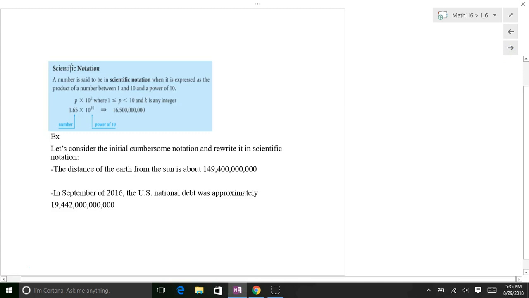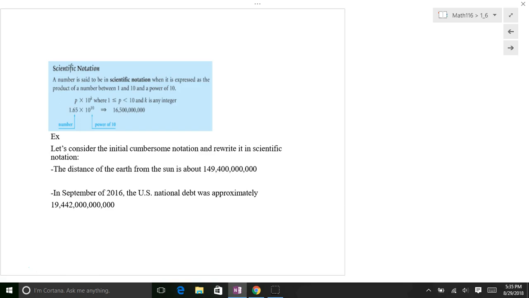Notice the distance of the Earth is 149 billion, 400 million kilometers, right? You could say that much easier with scientific notation. Or the world's fastest computers can perform a single calculation at 0.000, whatever that is. Again, scientific notation would be less cumbersome than that.